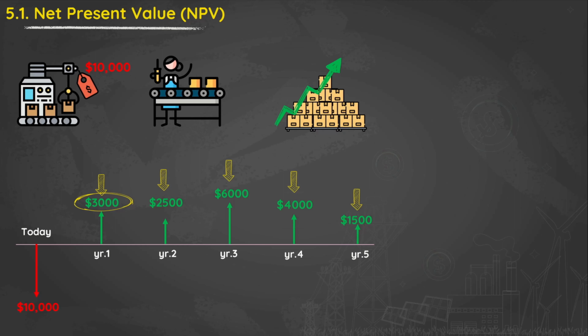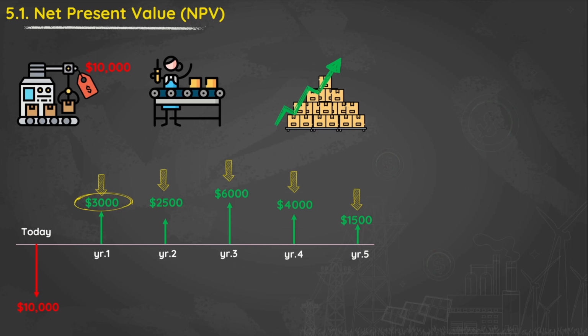That's where the NPV method comes to help you calculate the value of each one of these future profits in today's value. So what we are going to do right now is to calculate individually the present value of each one of these 5 cash flows that we are going to get in the future, then sum all of them together with the initial cost, which is 10,000 US dollars. Technically, we are going to sum these present values with the negative value of this 10,000 US dollars, because it's not a profit, it's something we paid.